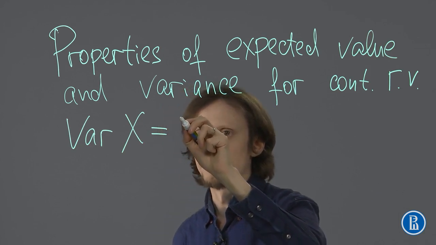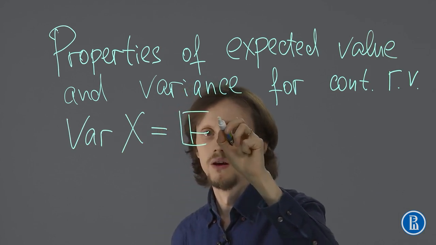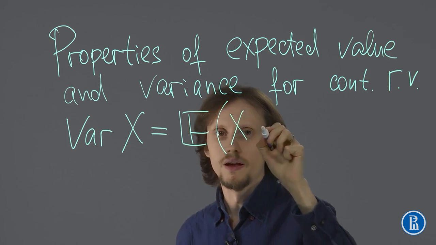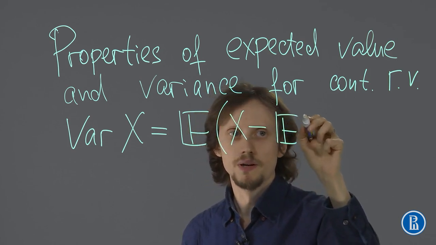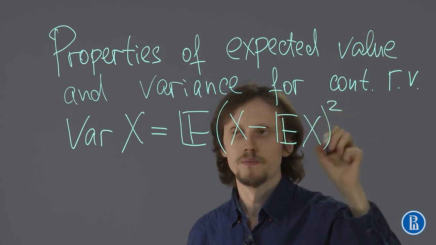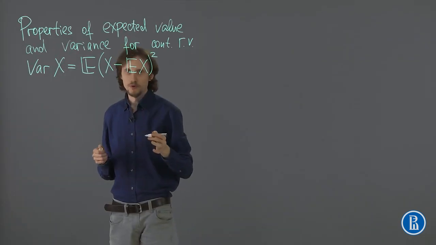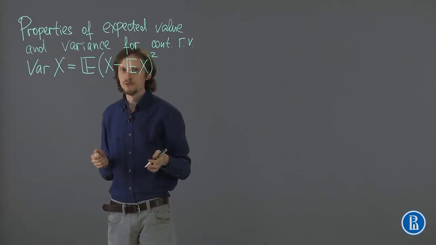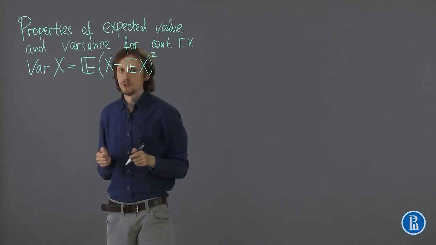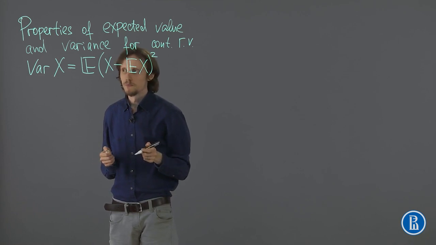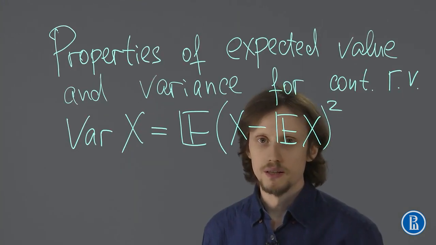Variance of X is expected value of (X minus expected value of X) squared. Of course, if we know how to calculate expected value, then we can find the variance of this random variable as well.